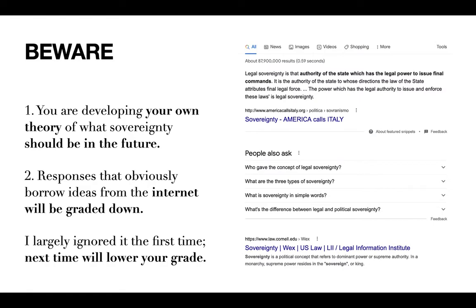We're looking for what you think it should mean. It's a very popular concept within law and politics and government and criminal justice, but it's very poorly defined. And so I'm looking for you to do that work and to show me that you're thinking about it. That's really the main drive of this assignment.